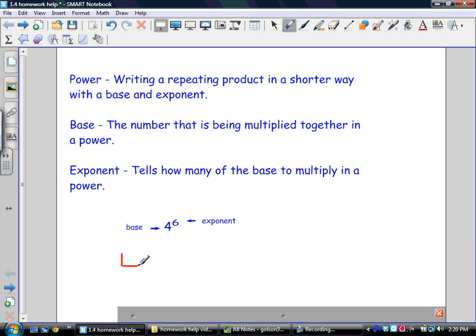So in other words, 4 to the 6th is equal to 4 times 4 times 4 times 4 times 4 times 4. So if you wanted to evaluate this expression, you would actually multiply all those 4's together, and that's how you would come up with your answer.